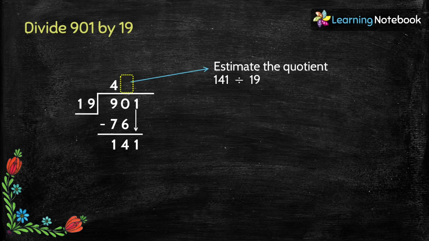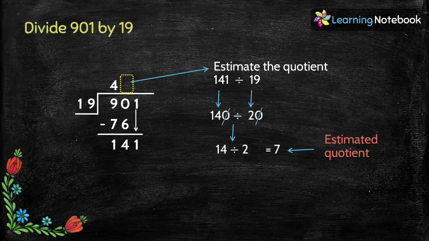So let's estimate the quotient here. 141 rounds off to 140. And 19 again rounds off to 20. Cancel 0 by 0. So we have to divide 14 by 2, which is equals to 7. So students, 7 is the estimated quotient here.